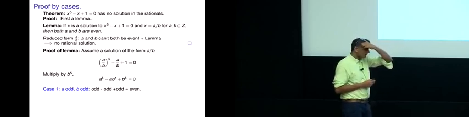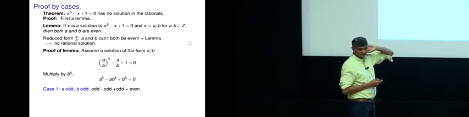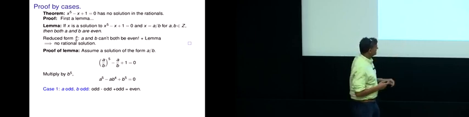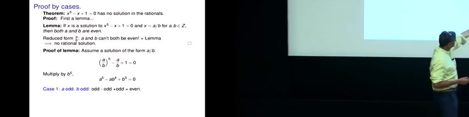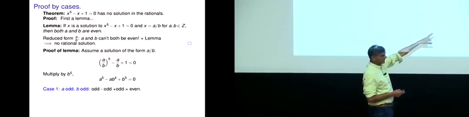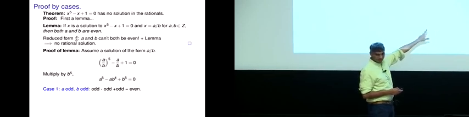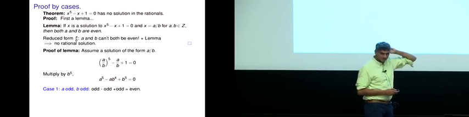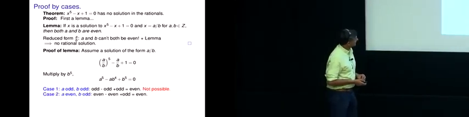What would odd minus odd plus odd be? It's odd, right? You think of it as an even plus 1, an even plus 1, an even plus 1, and then the 1 minus 1 plus 1 still leaves a plus 1, so it's an even plus 1.